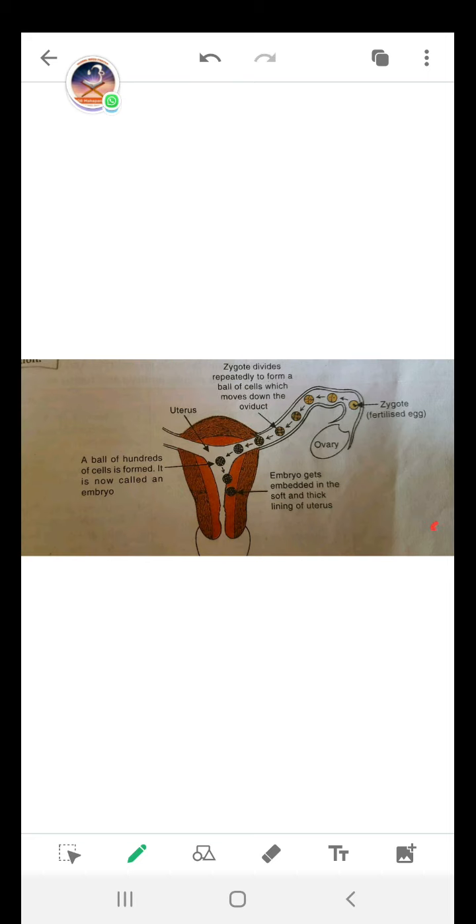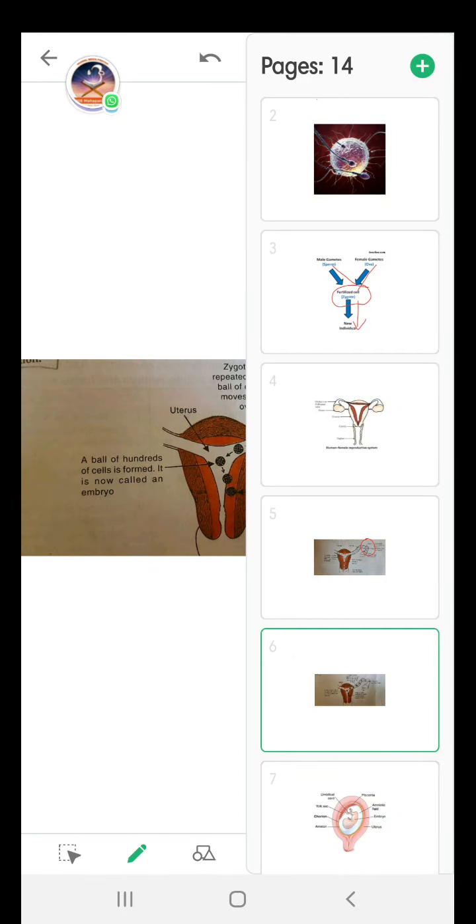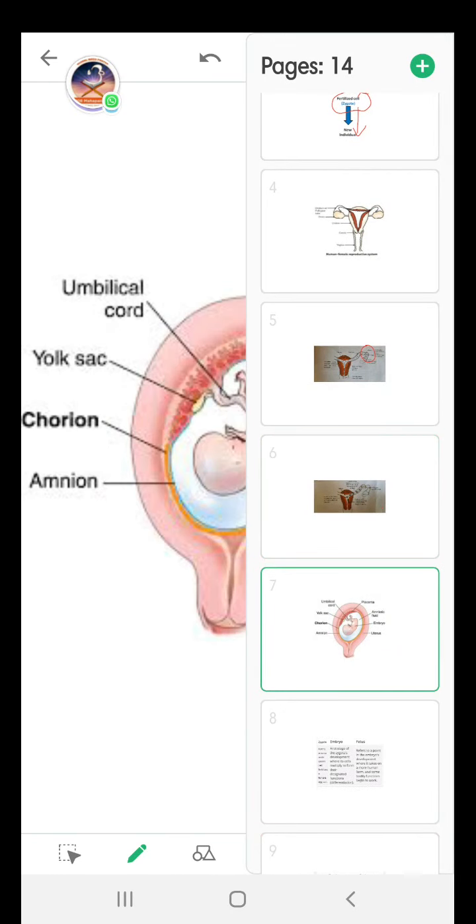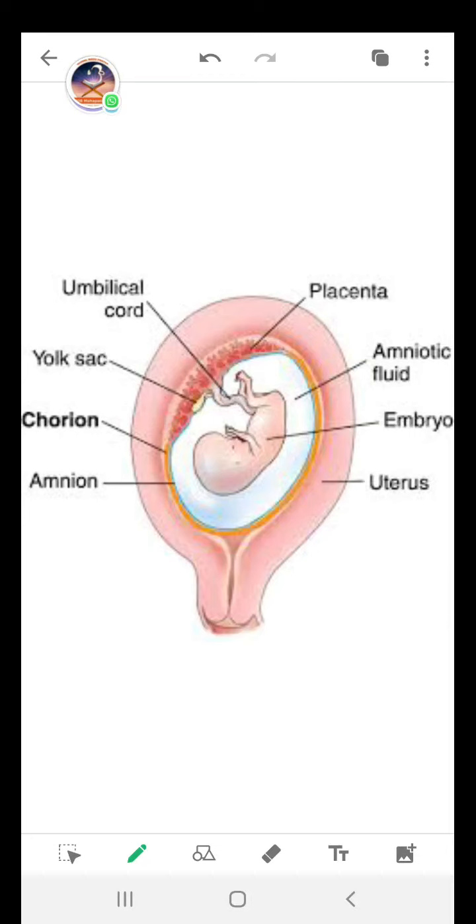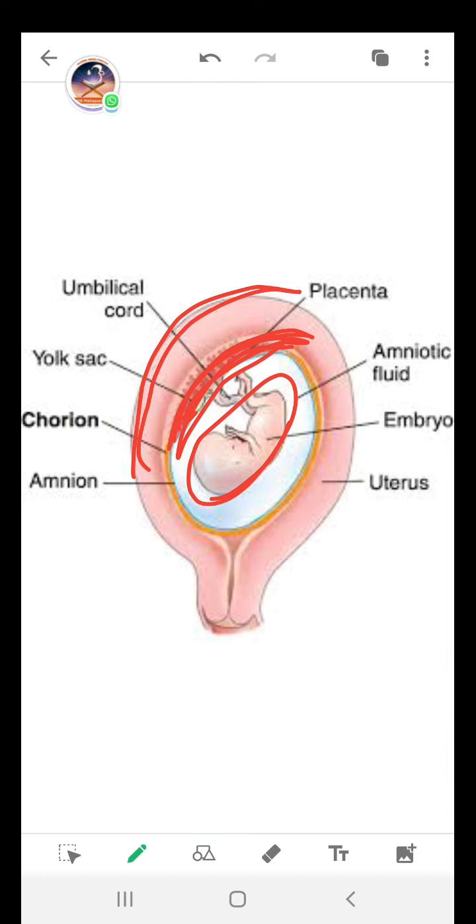Now, after the implantation of the embryo, a disc-shaped tissue develops between the uterus wall and the embryo. This disc-shaped tissue is called the placenta.